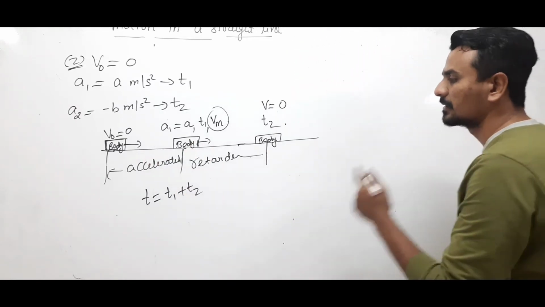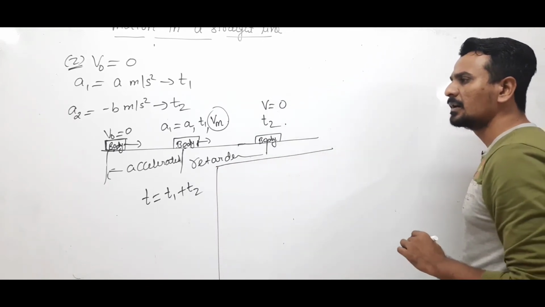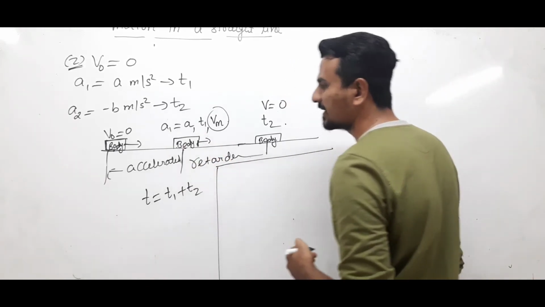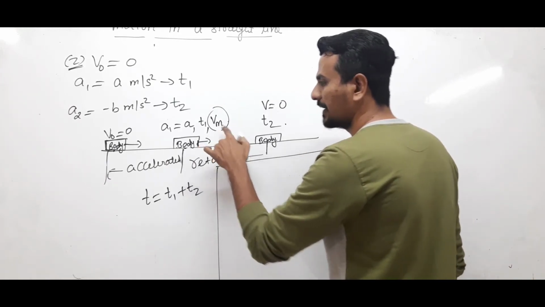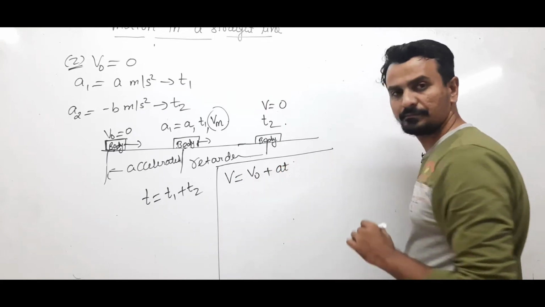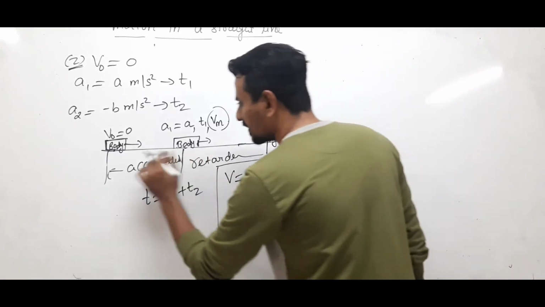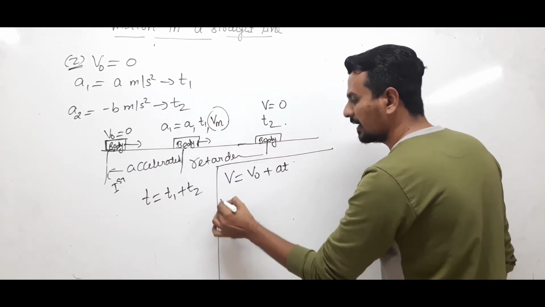Okay. See, up to time t1, the body is accelerating. So let us make an equation of this Vm. We can use this formula V = V0 + at for only this first situation. So what will be the velocity?